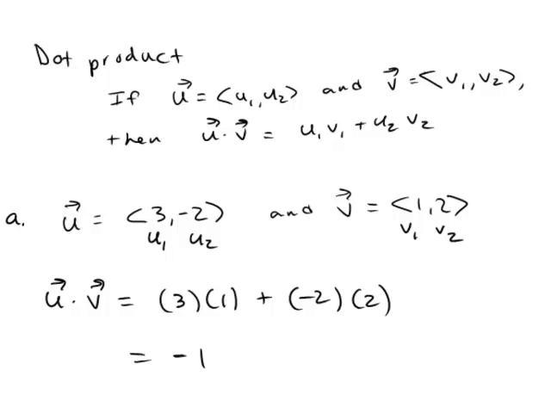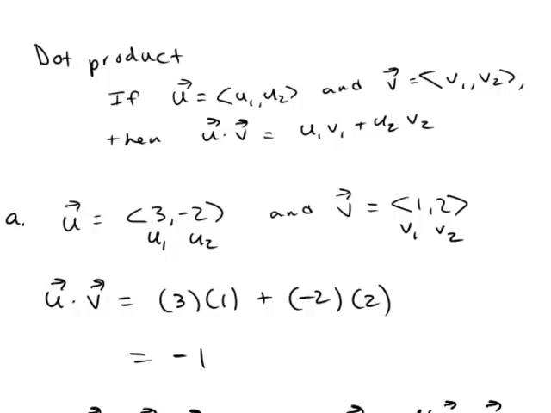So we have that u is equal to I plus 3j, and v is equal to 4i minus j.